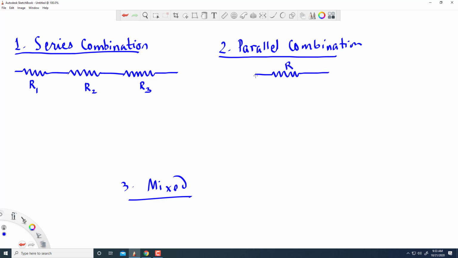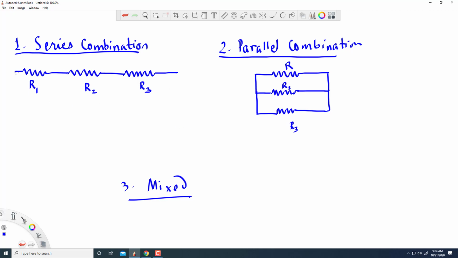Now, you connect this end to the other end of the other resistor, and this part connects to the other part of the other resistor. And then you have this resistor, and you can have multiple resistors like that. You can have more than 3. I just showed 3, but you can have more.